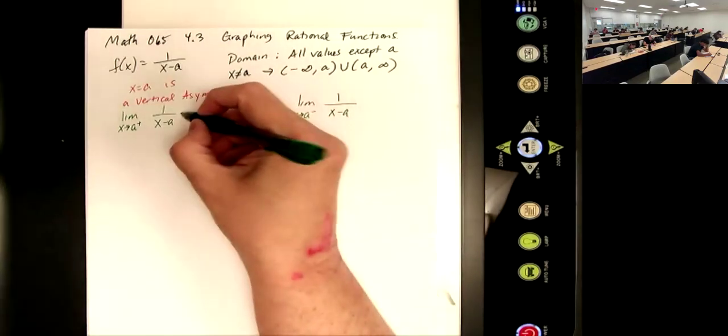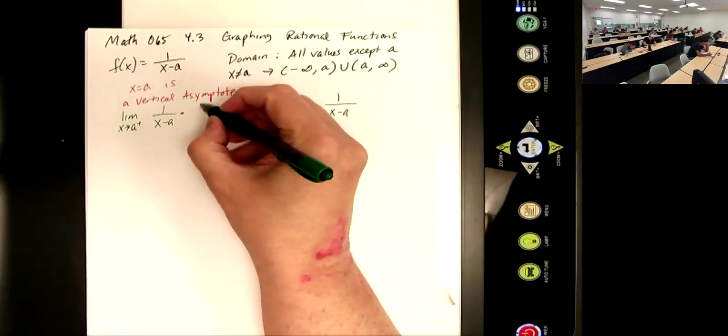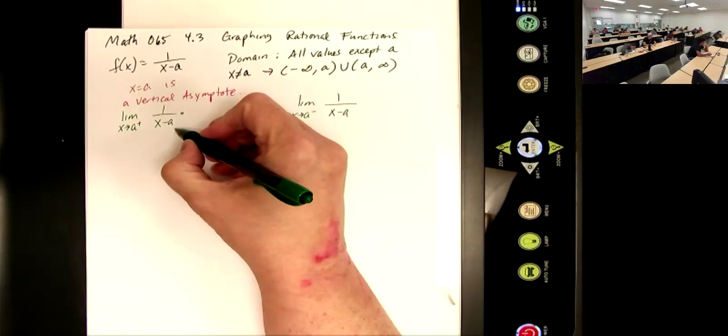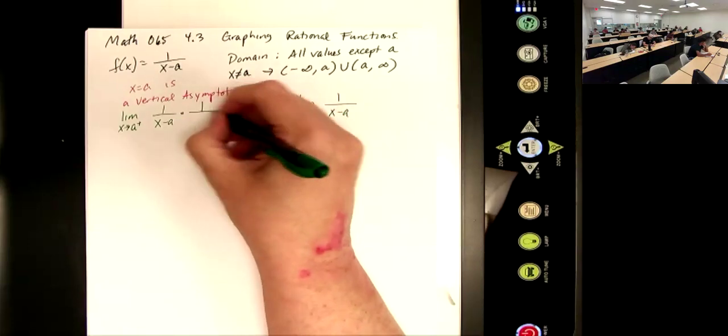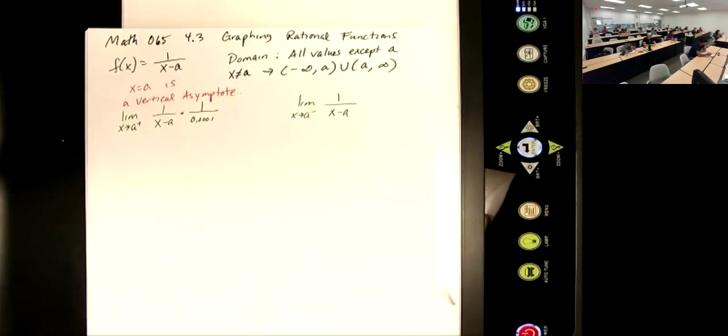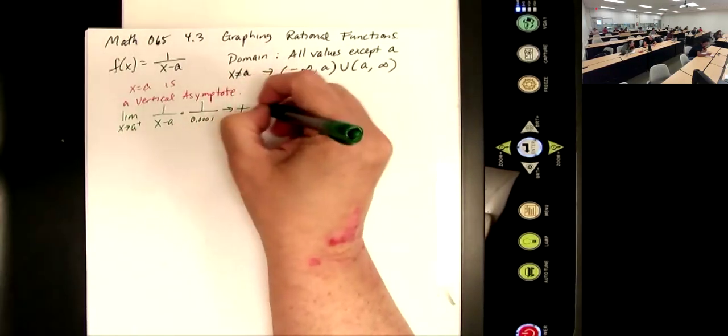If we go from the right, a plus is a little bit larger than a. So this should be a positive number down here. This is going towards positive infinity.